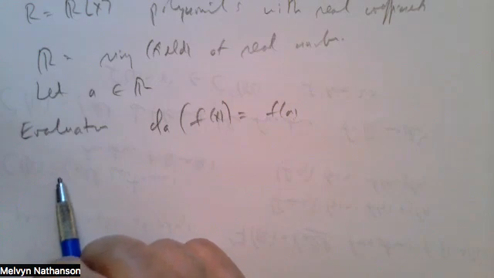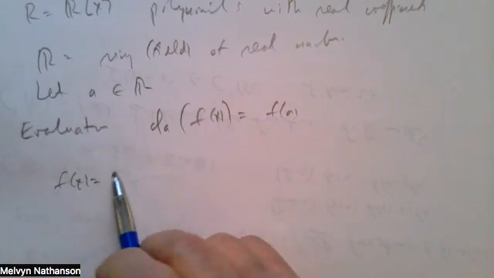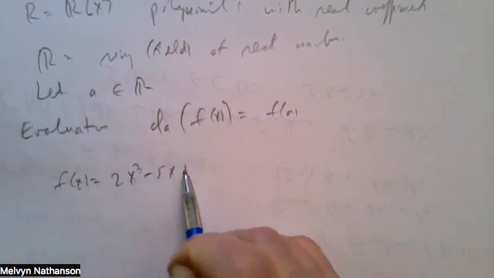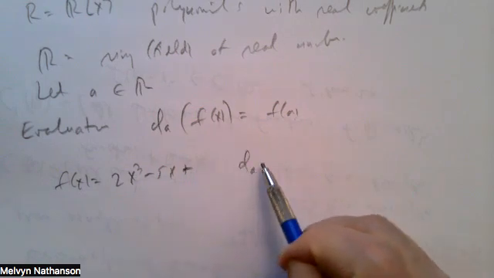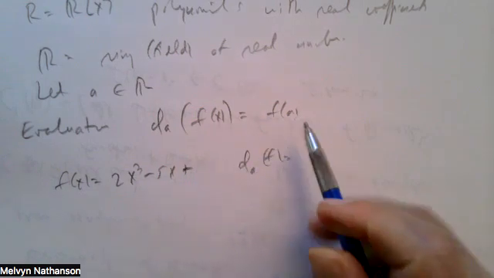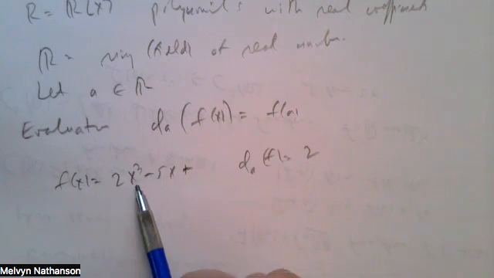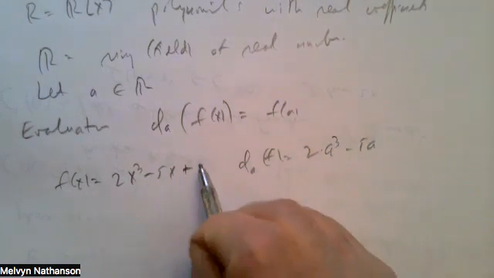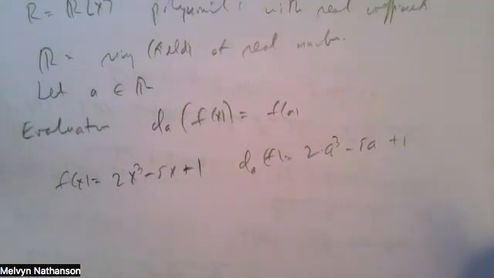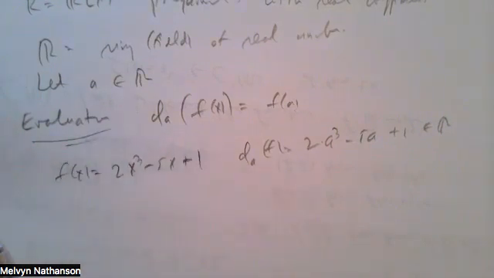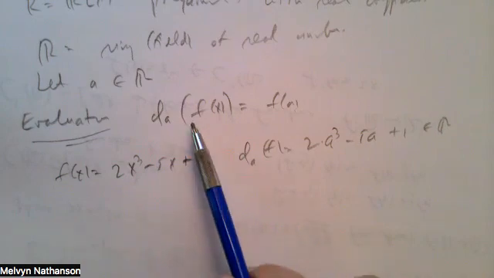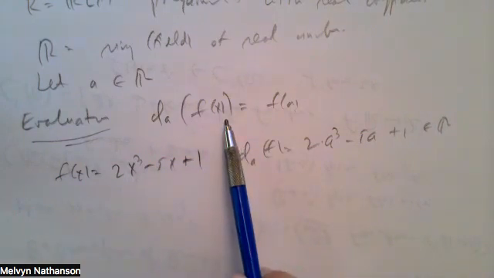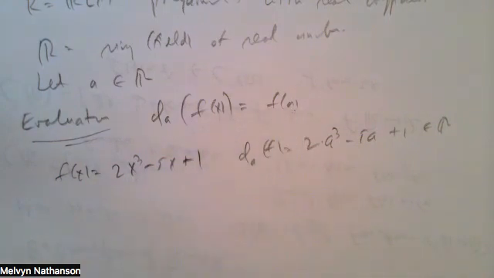So for example, if f of x is 2x cubed minus 5x plus 1, phi sub a of f is you just evaluate this when you let x equal a: 2 times a cubed minus 5 times a plus 1, whatever number this is. This is some real number. So you're just evaluating your polynomial at a, and this is a function which sends every polynomial to a real number.